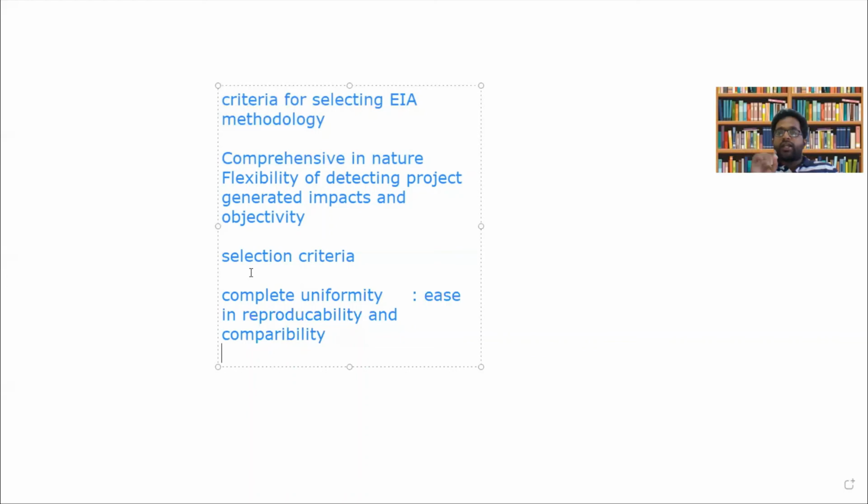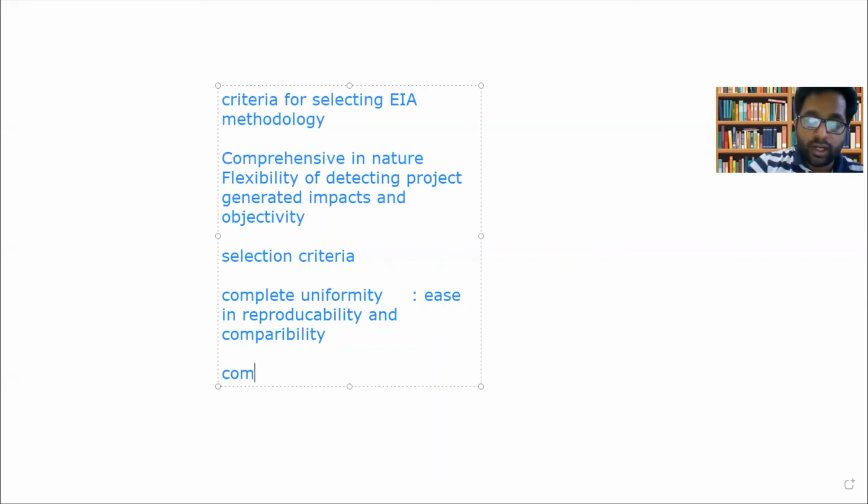If it is totally uniform, it will be very easy to reproduce the result and to compare the results obtained from different sources, or from different phases of the assessment. So that is the selection criterion: complete uniformity, ease in reproducibility and comparability.